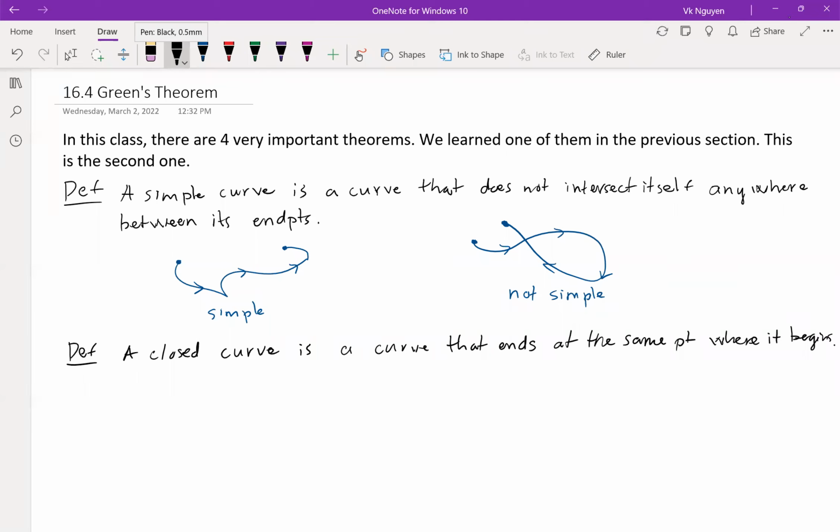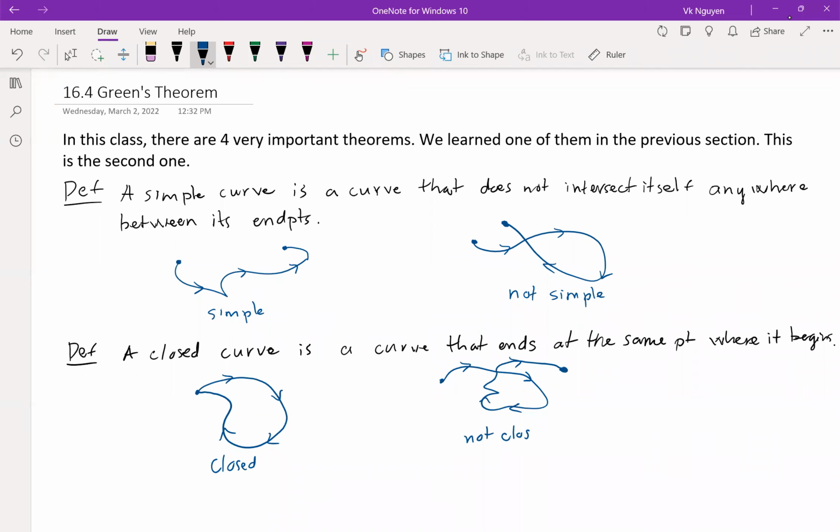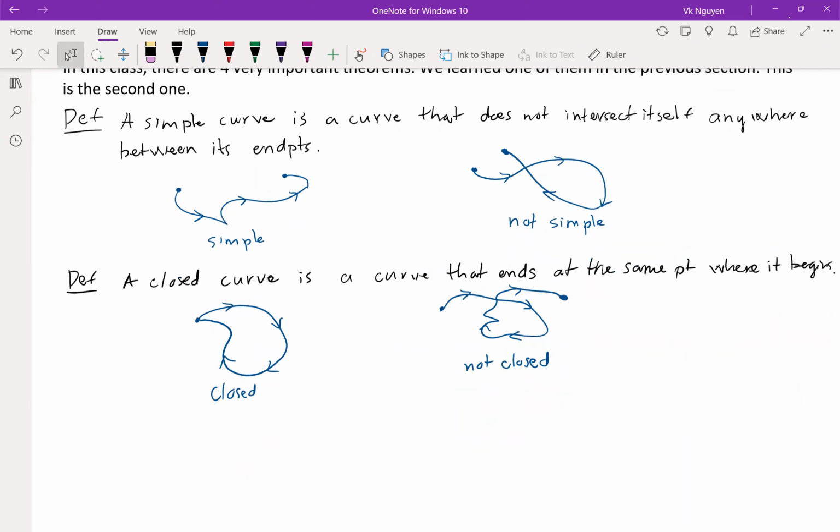Okay. Closed. Not closed. Then you can say that's not simple.